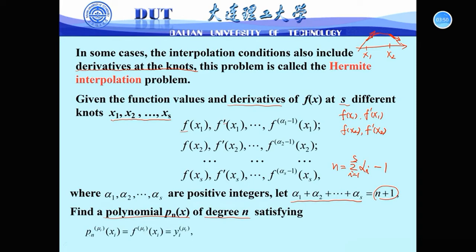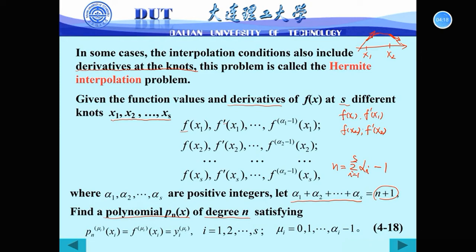That means Pn's mu i order derivative at xi equals f's mu i order derivative at xi, or we write it by yi mu i. Mu i means the order of derivative, i from 1 to s, and mu i can be from 0, 1 to alpha i minus 1.